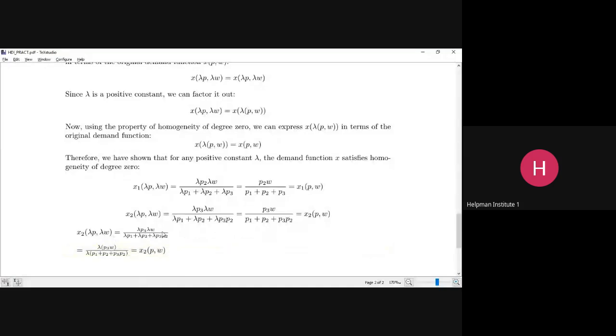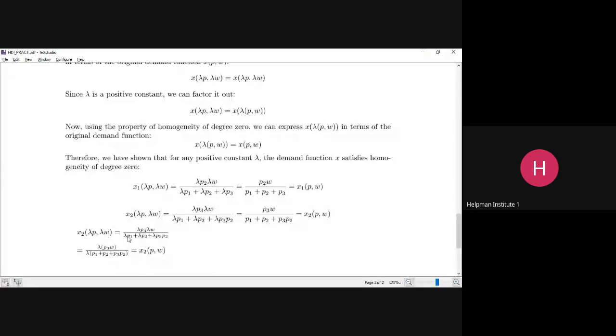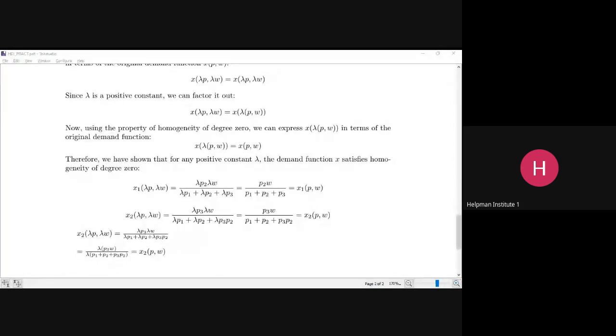Just like we rightly have it here, you can see that we factorize out all lambdas. Also in the denominator, we have lambda here, here, and here. So we factorize out all the lambdas, and lambda cancels lambda. We'll be left with an expression that looks like the original expression, and that is nothing but x2.